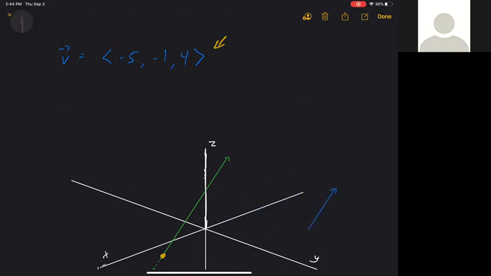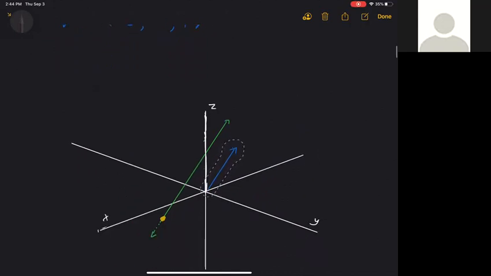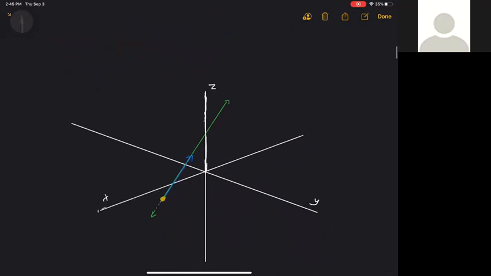Whether it starts here or here or here, it's all the same vector. So imagine that vector is parallel to our line. It might be helpful to think about it having its base right on top of our point. If that's the case, that vector is going to be right along our line. So let's put that there.